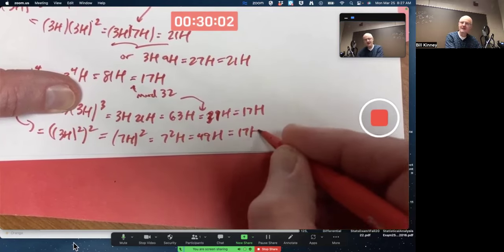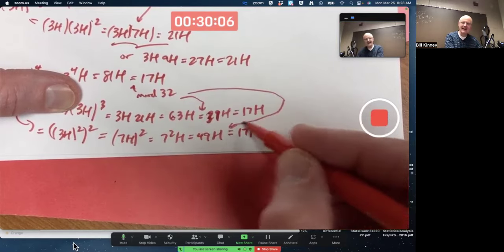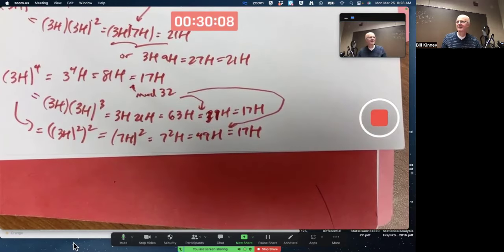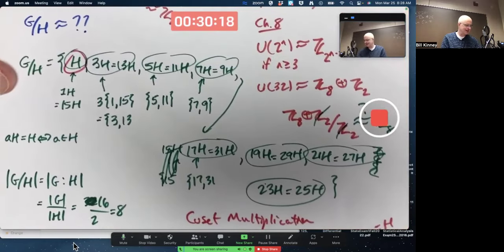Get the same answer. If we didn't get the same answer in these things in the end, something was wrong somewhere. And is that the identity? No. The identity is this.